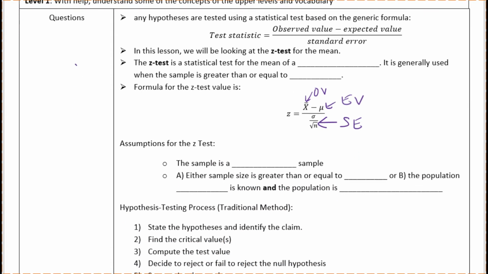Regardless of which type of test you're using, you want to be able to calculate what we call a test statistic or a test value. To calculate a test value, you take your observed value minus your expected value, over your standard error. Your expected value is generally your hypothesis value.